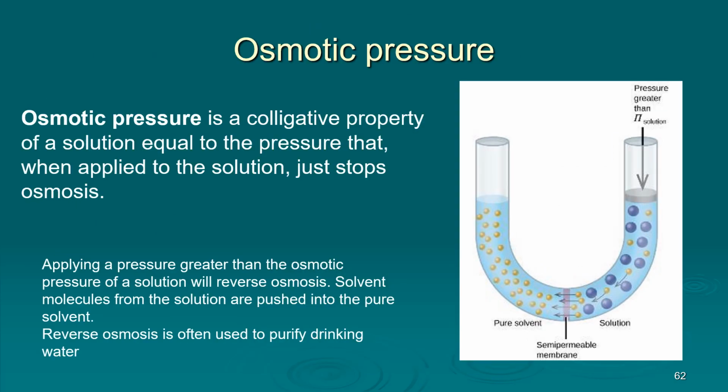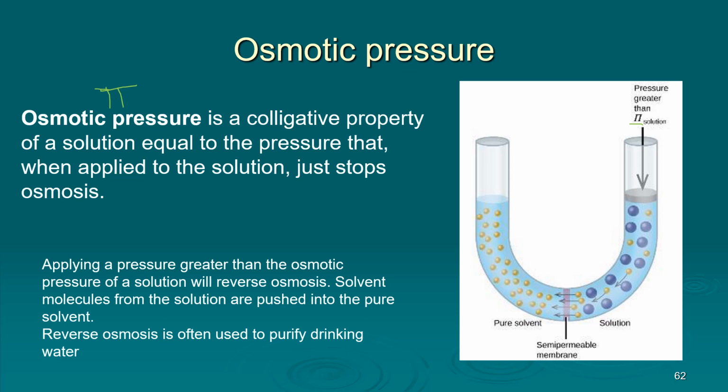Okay, so again, osmotic pressure is the colligative property equal to the pressure that, when applied to the solution, just stops osmosis from happening. Osmotic pressure is given the symbol capital pi, so it does not mean 3.14, it's just the Greek symbol capital pi, which you see here.